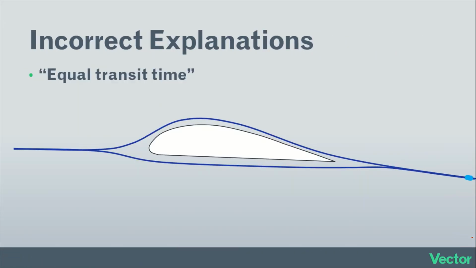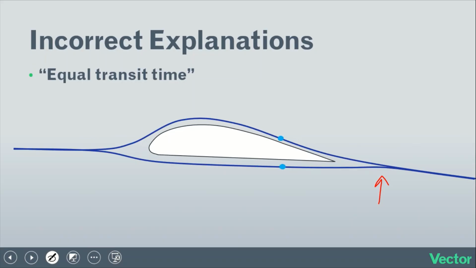Okay, now since this is a complicated topic, I think it's a good idea to go over some commonly given but very incorrect explanations. So the first one is the equal transit time theory. Some people explain the air moving faster over the upper surface by saying that when the air particles diverge and some go over the upper surface and some go over the lower surface, they're forced to meet up at the same point at the trailing edge of the airfoil.